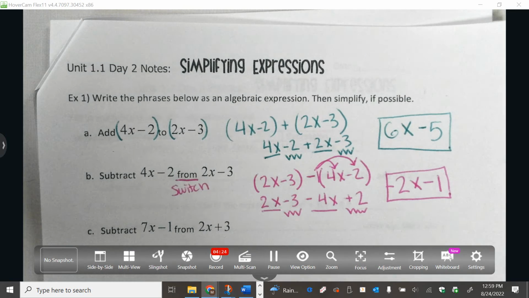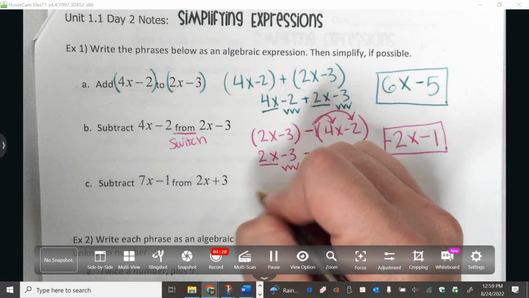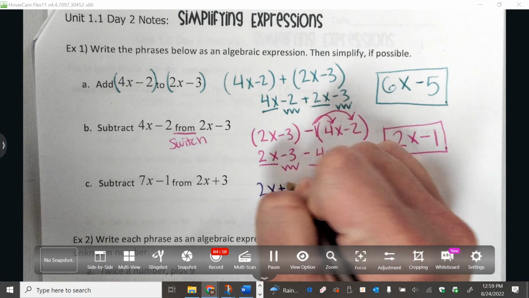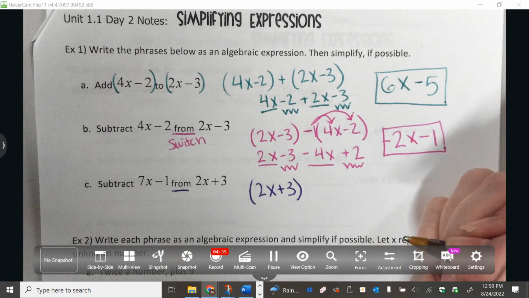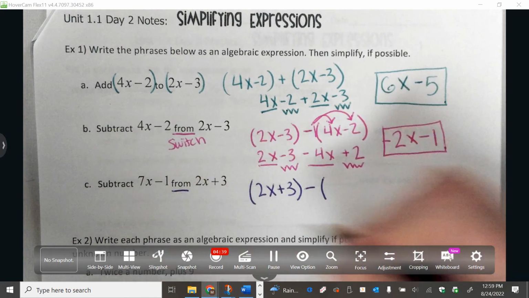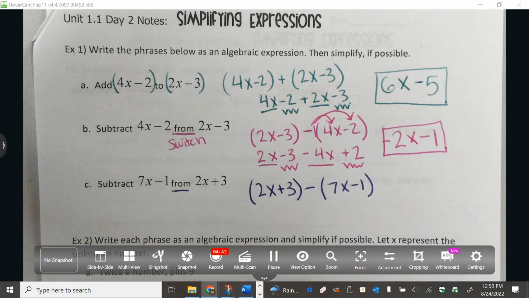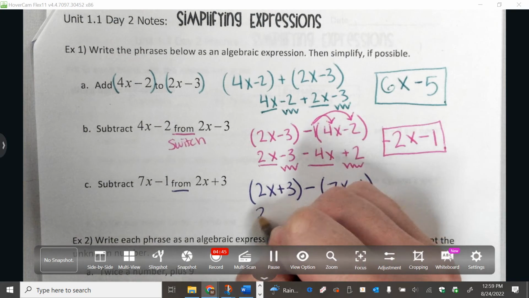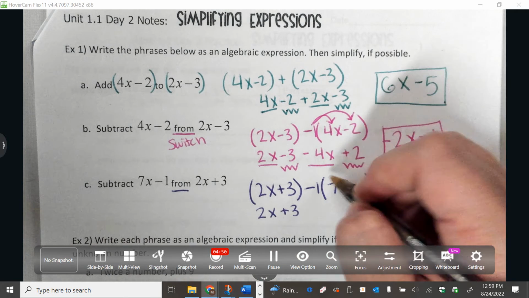Okay, so what should come first? The 2x plus 3 because it has from. And now what am I doing? Subtracting. And then the first one, so 7x minus 1. We don't need this parentheses, and we have to distribute our negative 1.